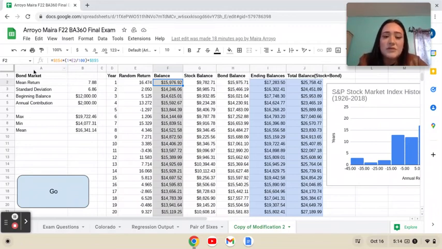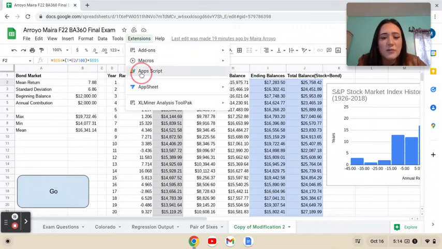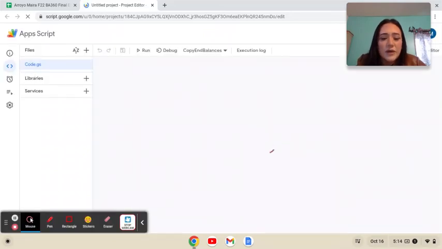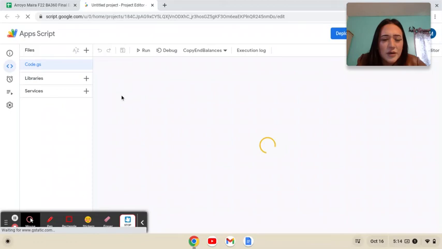Basically what I did is I went to module 7, looked into the script and copied it because my button wasn't working, and then I came in here, went to app script, and pasted in the code for the previous simulation that we had in module 7 for my other one.